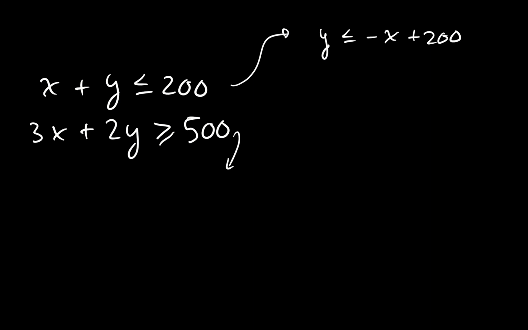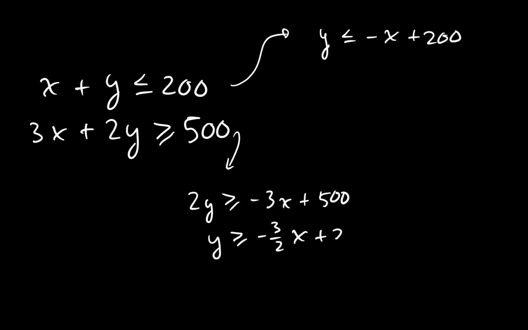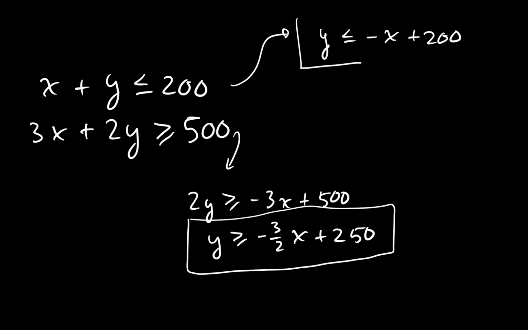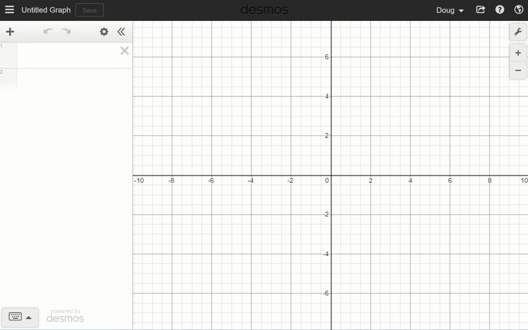I'm going to say that 2y has to be greater than or equal to negative 3x plus 500, or y has to be greater than or equal to negative 3 halves x plus 250. All right, so these are the two inequalities I want to graph. And I'm going to remind myself that X is the number of trucks and Y is the number of cars. So let's jump to Desmos.